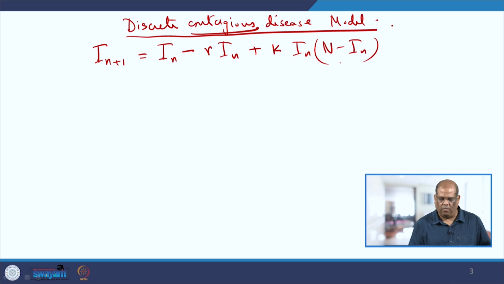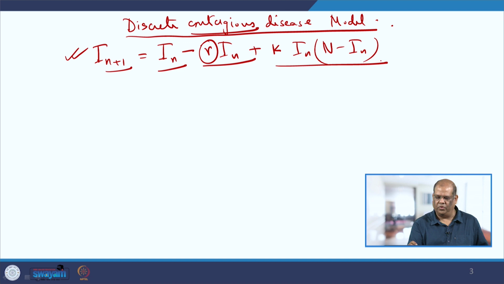Once you get the model, let me just go through. This is the infected population at time n plus 1, this is the infected population at time n, this is the recovered from the disease which is fraction R, and this is the newly infected population which is directly proportional to I_n and N minus I_n, k is the constant of proportionality.